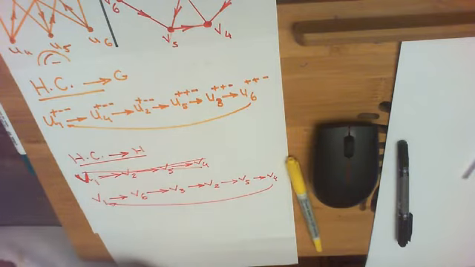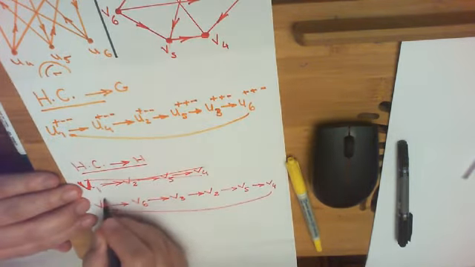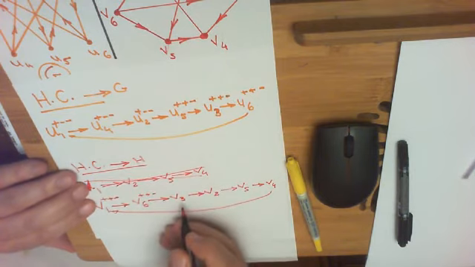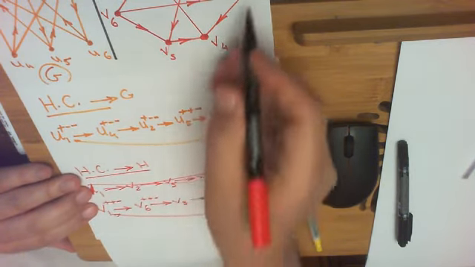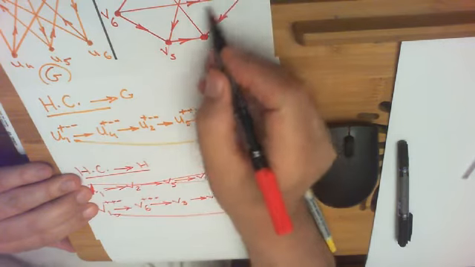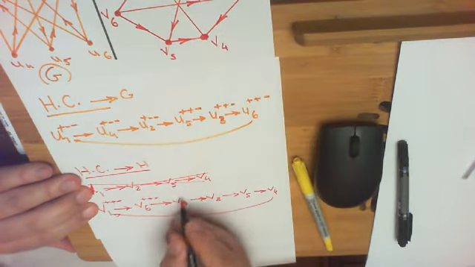V1, 1 in, 2 out. V6, 1 in, 2 out. V3, 1 in, 2 out.